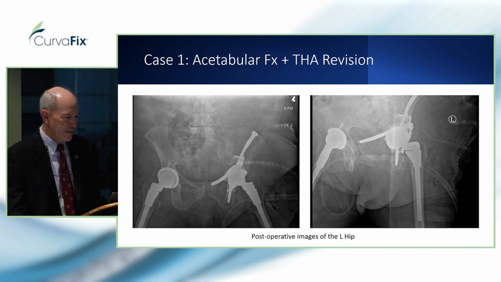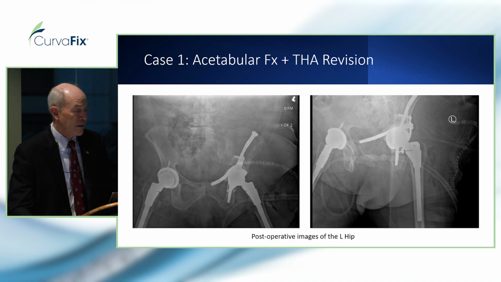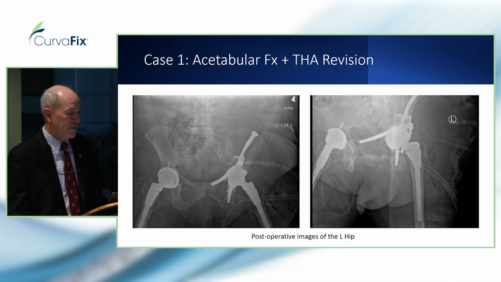The first implant we placed was the anterior column CurvaFix, and just like the case you just saw, started at the iliac wing and can place this incredibly long intramedullary flexible screw type device from the iliac crest all the way down through the posterior column as some additional support along with the plate, and then cemented in a new acetabular cup with some screws that go through all that stuff.